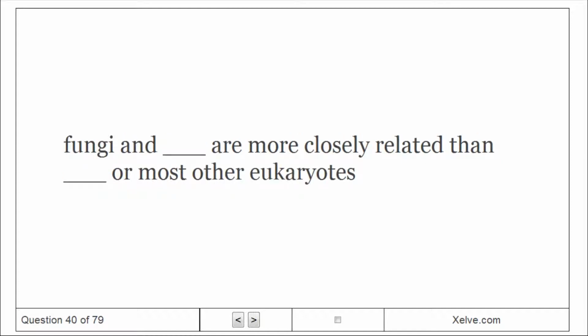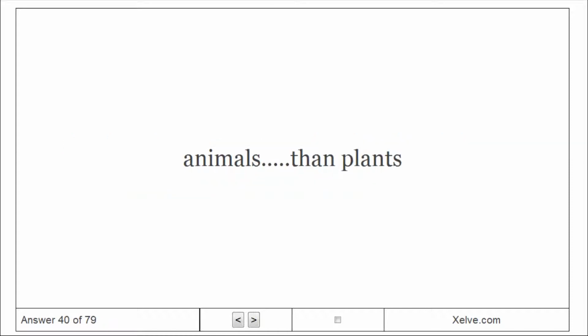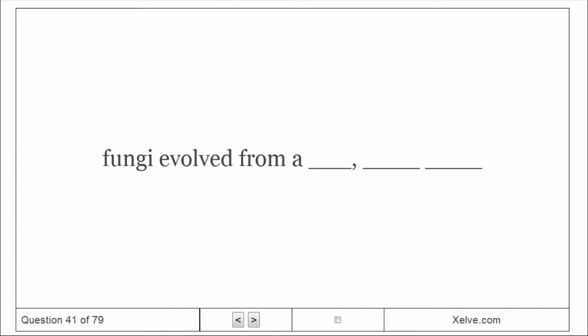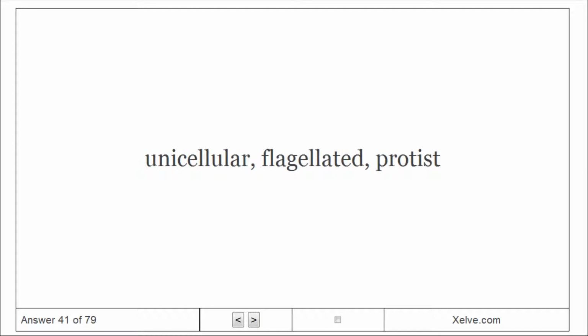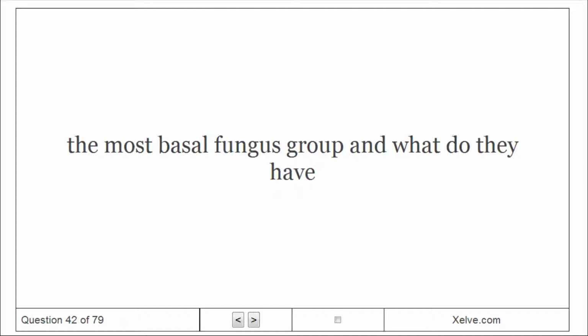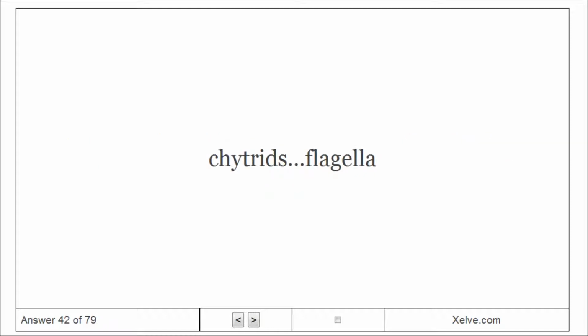Fungi and animals are more closely related than plants are to most other eukaryotes. Fungi evolved from a unicellular, flagellated protist. The most basal fungus group, and what do they have? Chytrids, flagella.